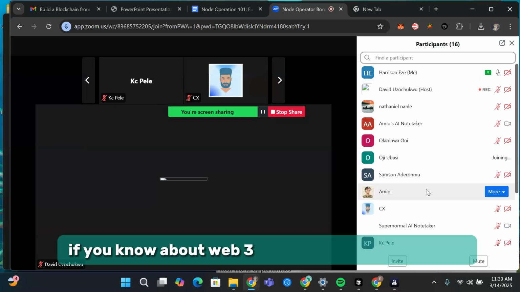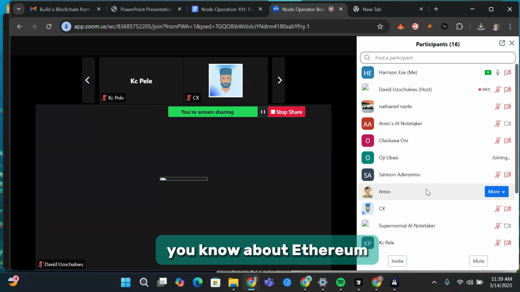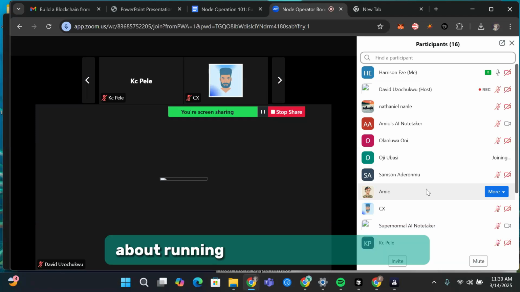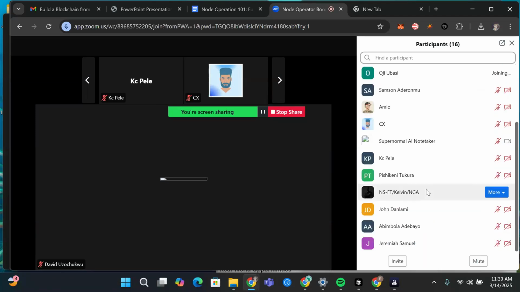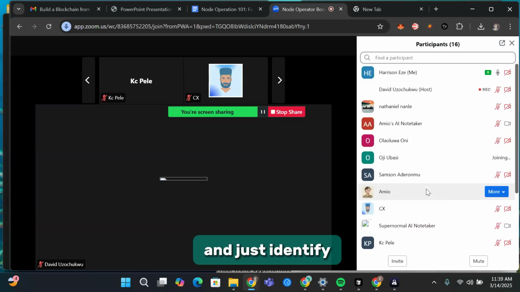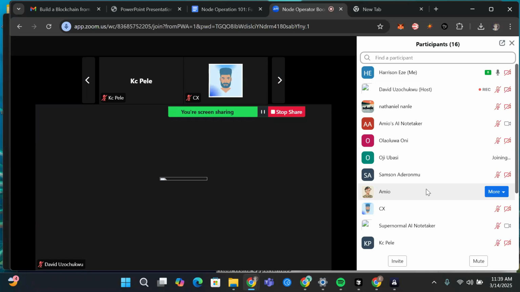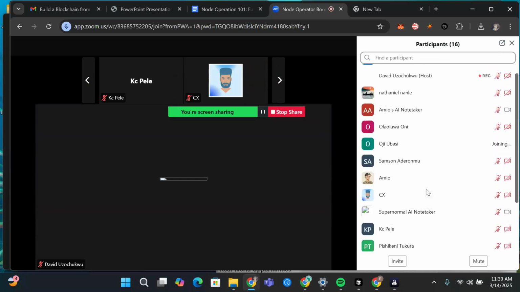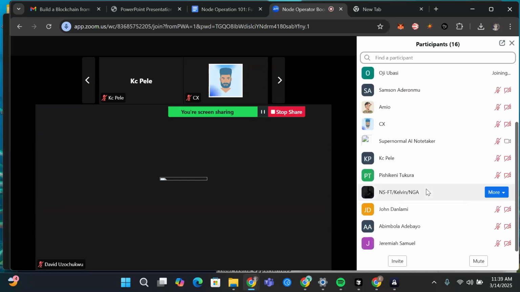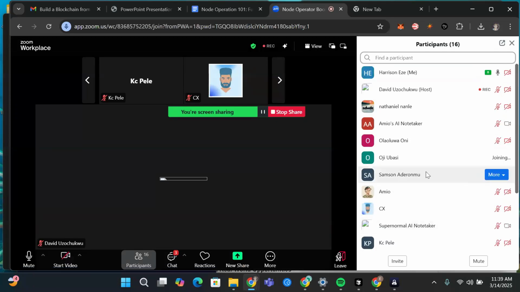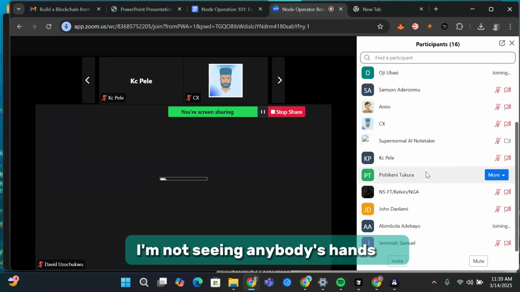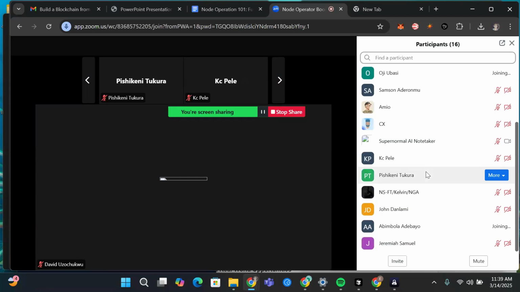If you know about Web3, you know about blockchain, you know about Ethereum, but you have very little knowledge around validator nodes, about running a node, can you just react and identify? Okay, I'm not seeing anybody's hands up.